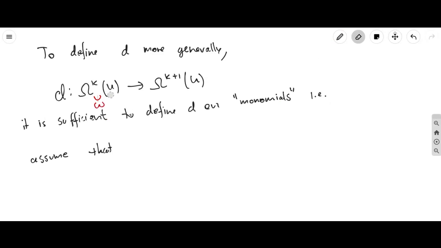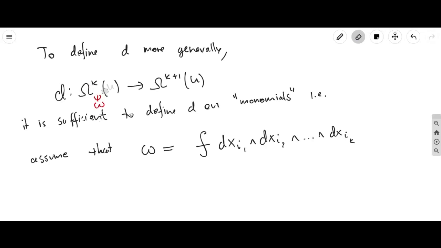So we're going to pick a differential form which looks like this: a monomial where you're choosing k indices, dxi1 wedge dxi2 wedge up to dxik, with an arbitrary smooth function f in front. That's what I mean by a monomial.